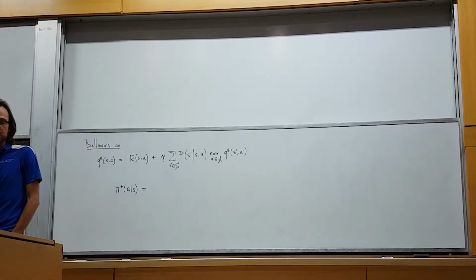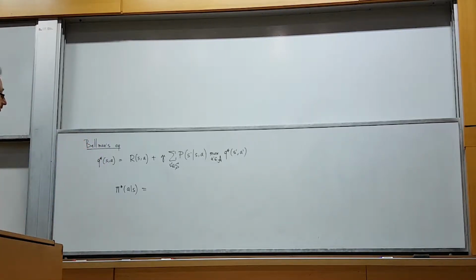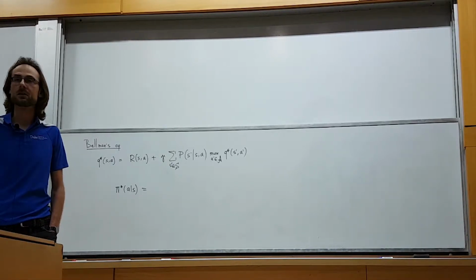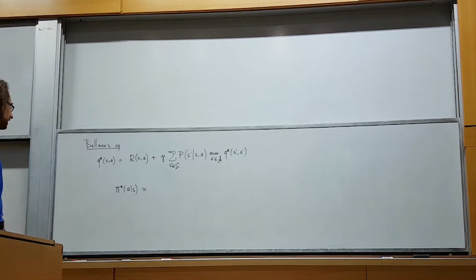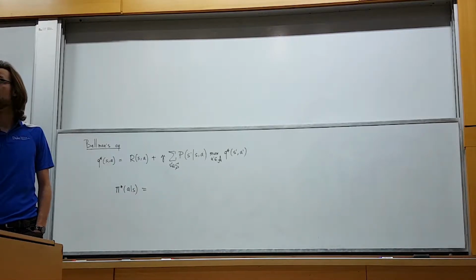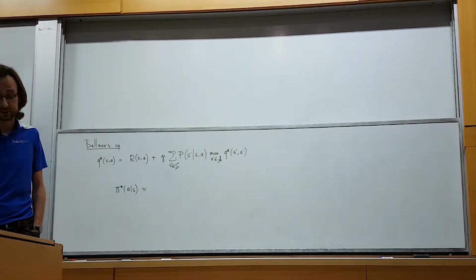So this policy will be pi star. Remember that we can think of policy as a conditional probability distribution, right? It gives us the probability of making an action A when we are found at state S, right?